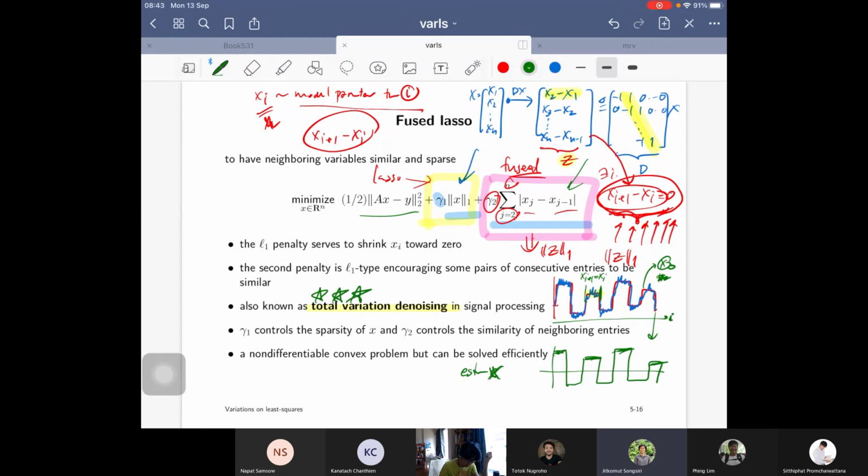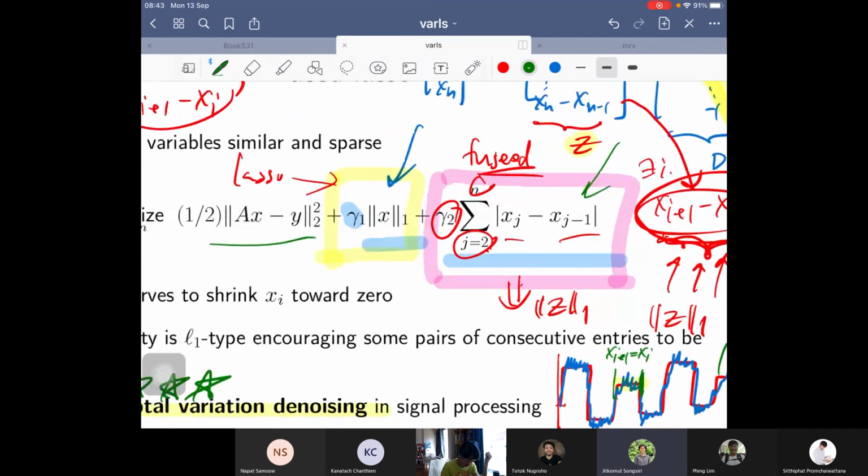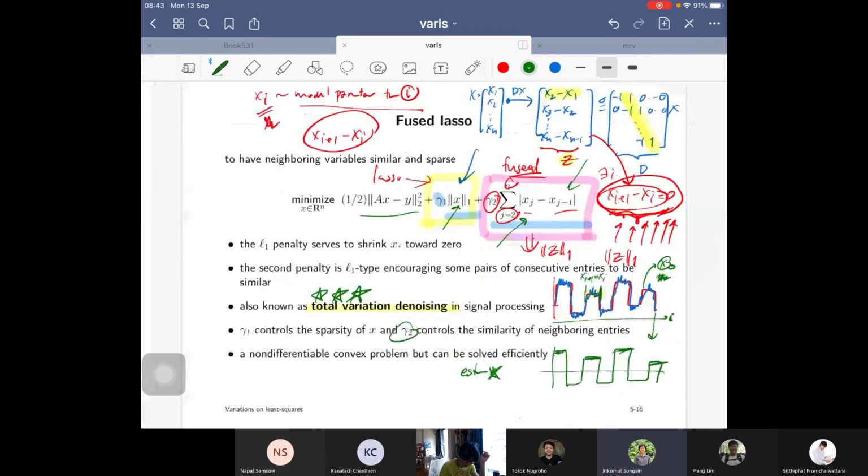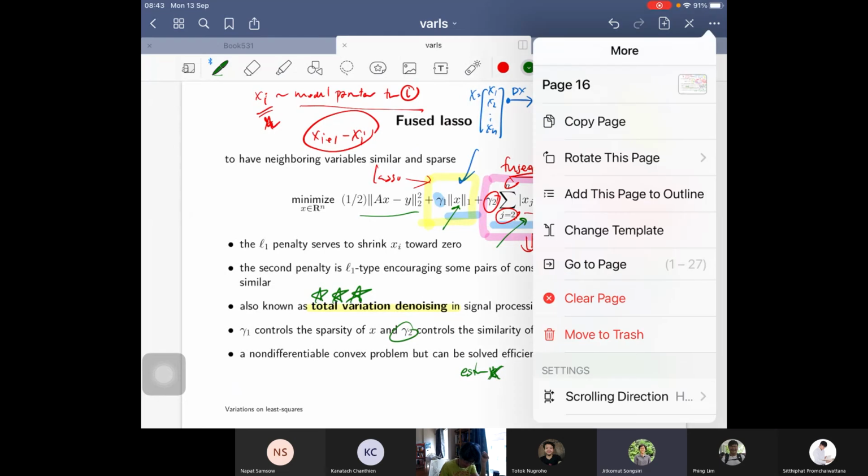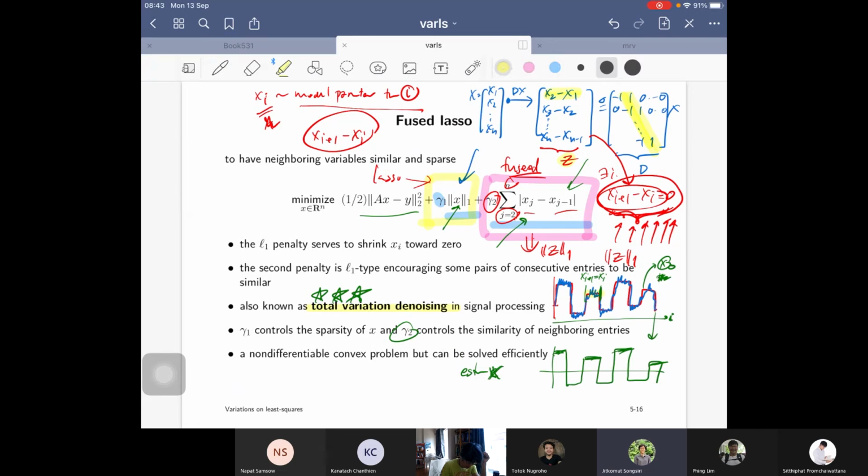When you vary gamma 2 and gamma 1, it depends on your purpose: the degree of sparsity in x or the degree of sparsity in the difference of x.